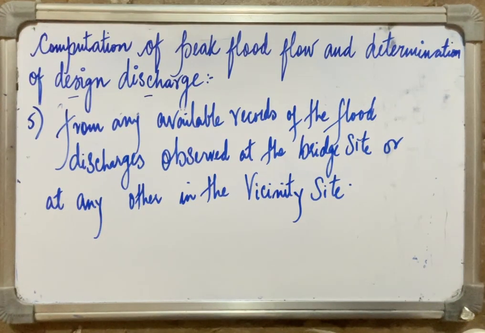So these were the methods by which we make use of various factors like characteristics of the area, rainfall and other characteristics. We make use of the rational method to determine the design discharge or the maximum discharge. We make use of hydraulic characteristics of the stream, such as cross-sectional area and slope of the stream, in the area velocity method, and go on calculating our maximum discharge, along with empirical formulae which have been developed for various regions.